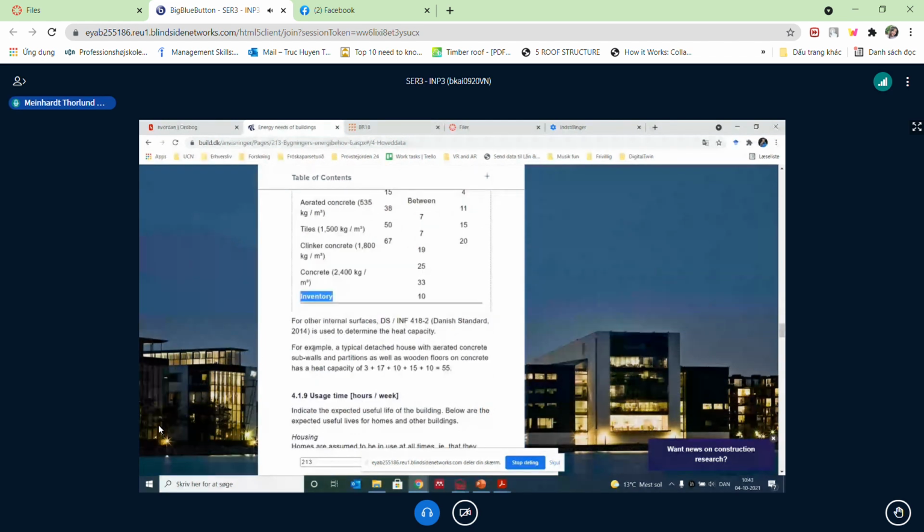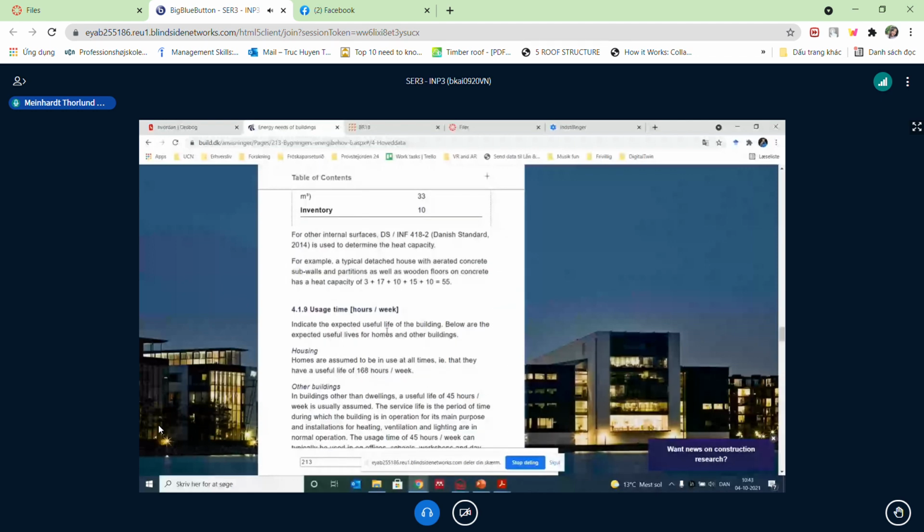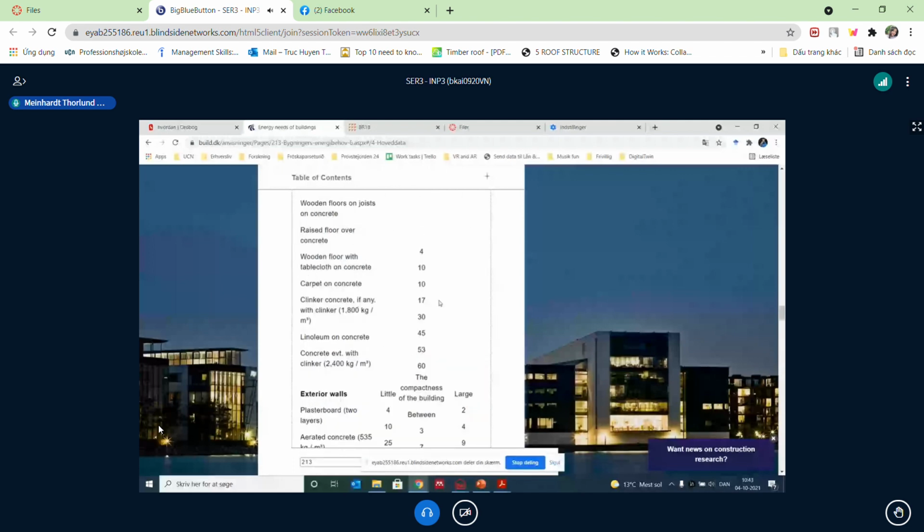Here we have an example of a detached house with the area consists of walls and partitions as well. So basically, if you look at that, the first one is the suspended ceiling, which will be 3 concrete, and the next one will be clinker concrete.